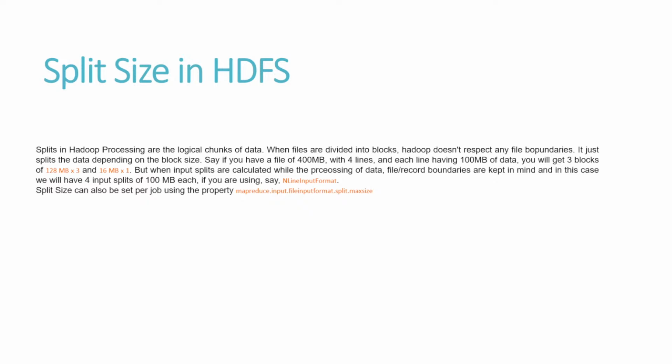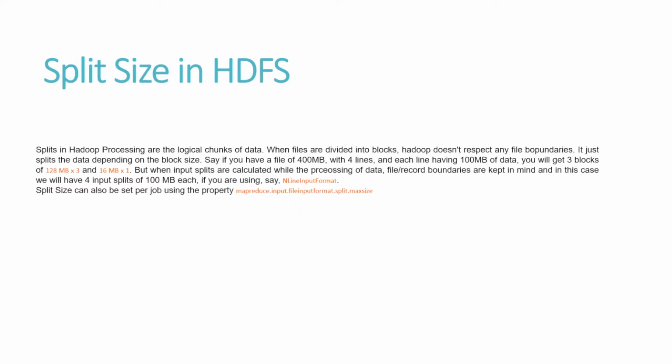Next, we look at split size. In Hadoop processing, there's something called splits. These are not actual physical files being divided into blocks, but logical chunks of data. So when Hadoop splits it into 128 megs, say the first record until the 100th record crossed 128 MB.